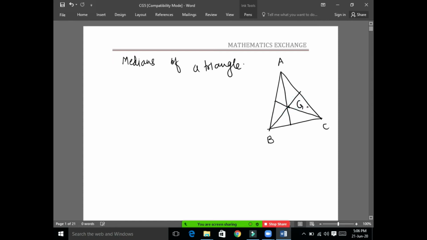Look at this. This is the intersection point. It is denoted by G. This is known as the centroid of a triangle. So a median always divides the opposite side into equal parts.